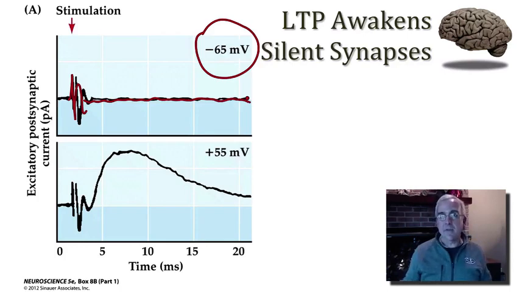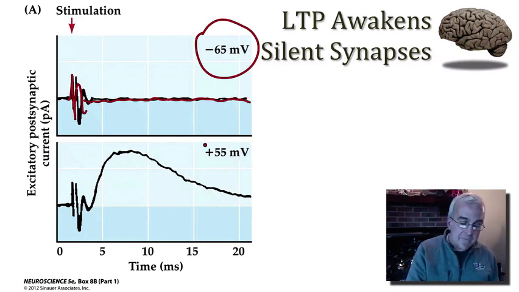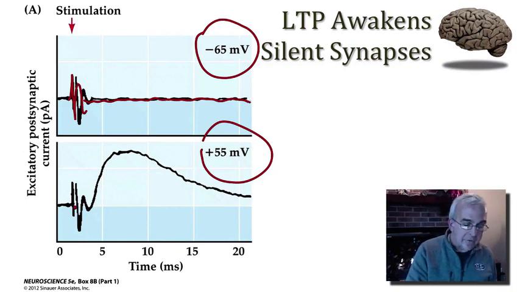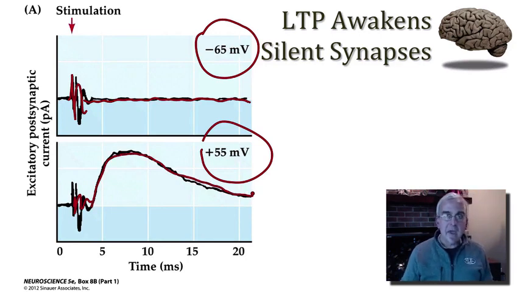So one might imagine that, well, maybe the site of stimulation doesn't connect to that cell. However, if the cell is depolarized with a voltage clamp, one might then record a significant excitatory postsynaptic current. And that is evidence that indeed there is a synaptic connection there.